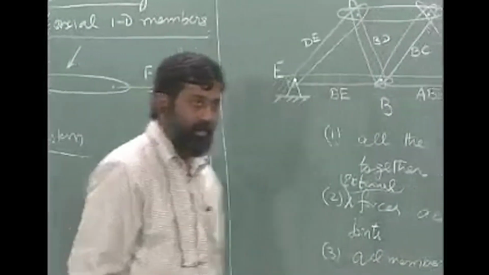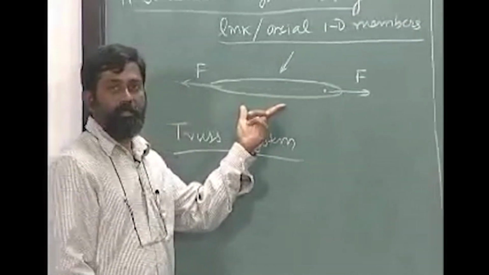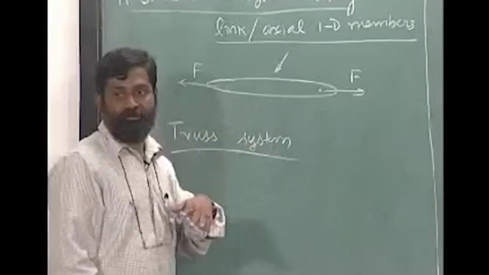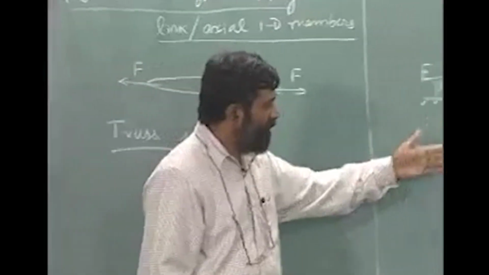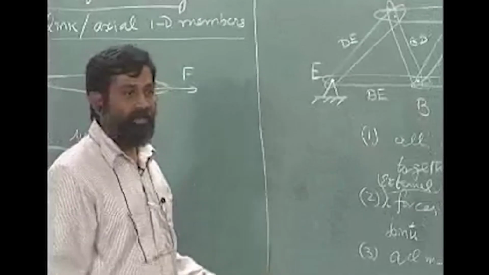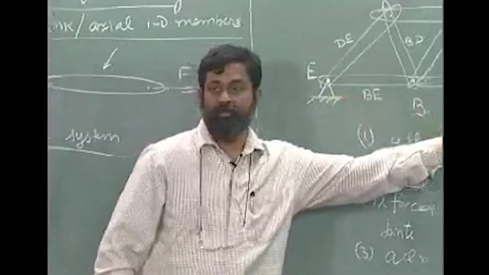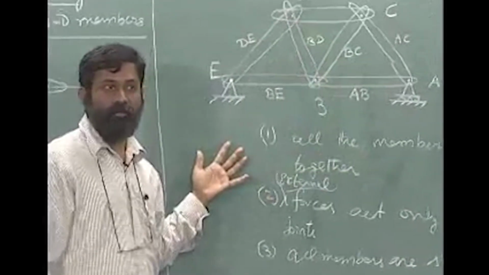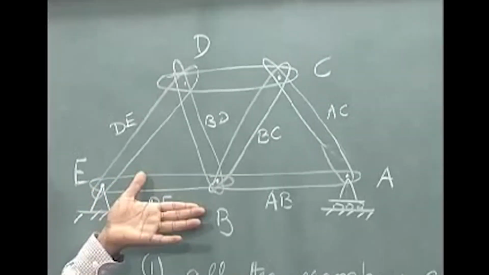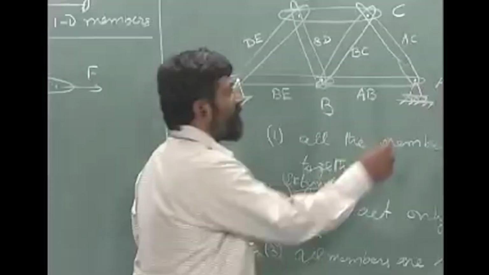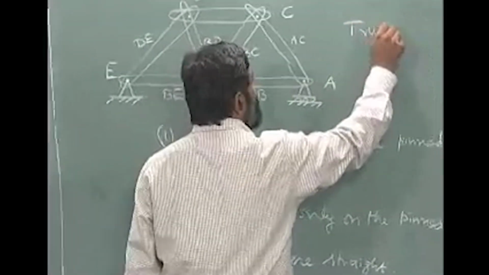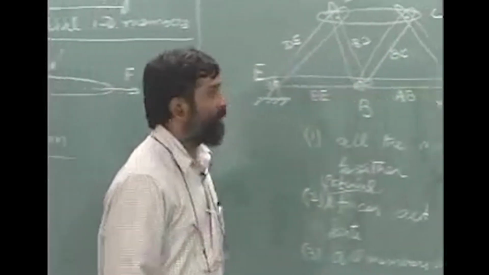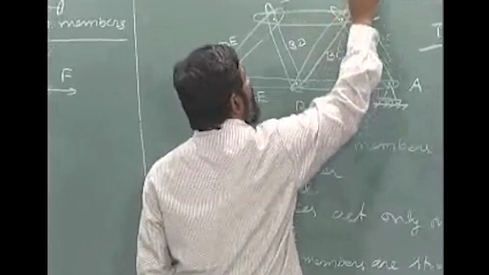If they are straight, I know very well, I can use all the results that I have from this particular notion. And given that these conditions are satisfied and it is pinned to a particular fixed frame, we have a structure now called the truss system.